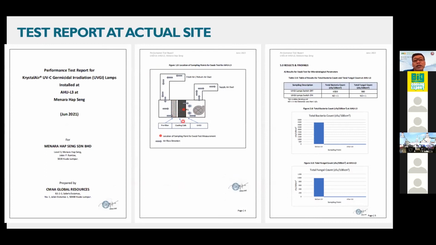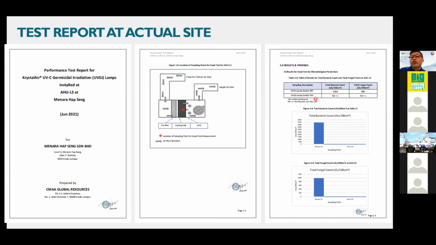The red dot here is the location where we do the swab test sampling. So these are the results. Previously with the UV lamp off, the CFU count per 100 square centimeters is 4,005.